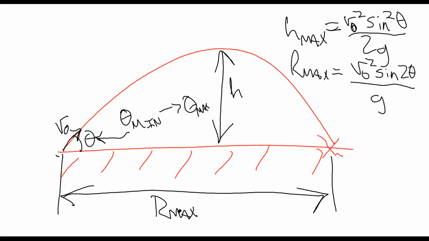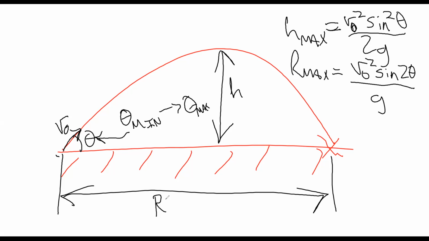Suddenly this isn't the maximum height or the max range, it's just the height at one angle and the range at one angle. My question is, out of all those angles, what angle gives me the best height? Out of all those angles, what angle gives me the best range? That's my driving question now.